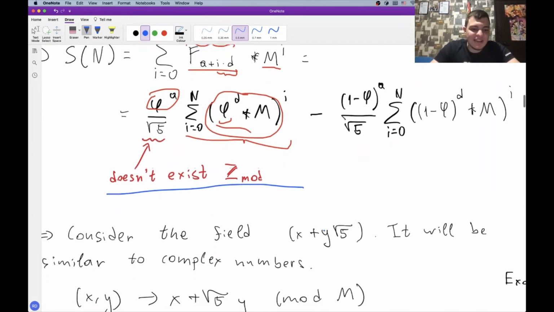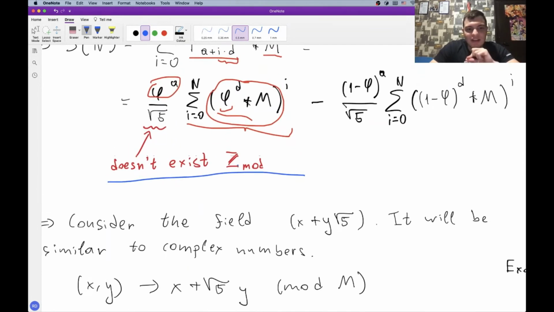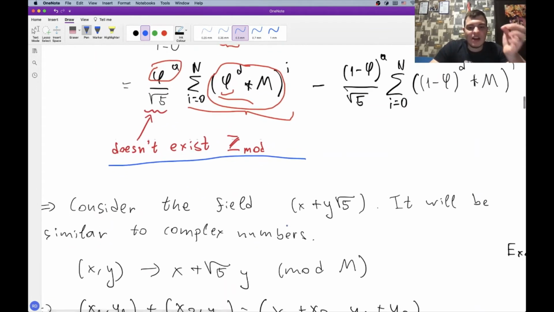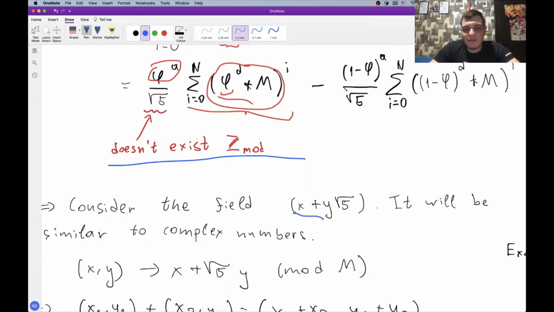The idea is, instead of considering just the field of the integers, let's consider a new field, which will be for some pairs x, y, and they'll represent x plus y multiplied by square root of 5. In a way, that's similar to complex numbers, where you have x plus y multiplied by i, where i is square root of minus 1.